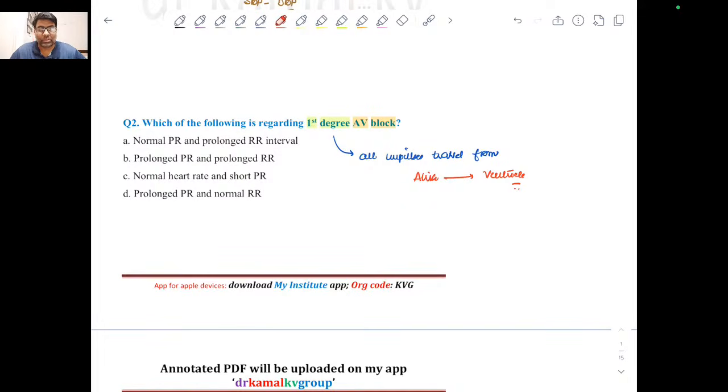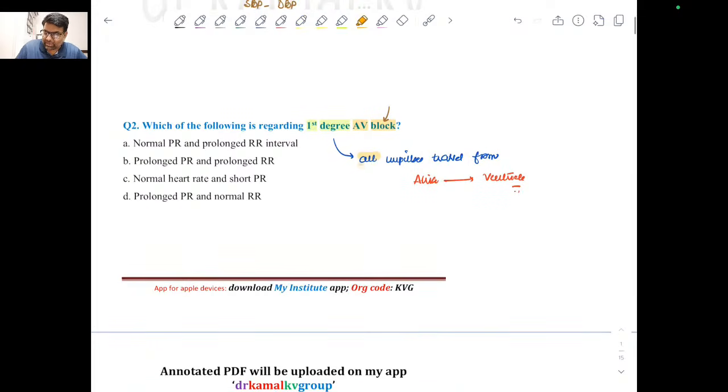This is the first important thing which you should know. The term is block, but it doesn't mean that any of the impulses generated from the atria are not reaching the ventricle. So all impulses reach the ventricle. This is an important fact which you should know.